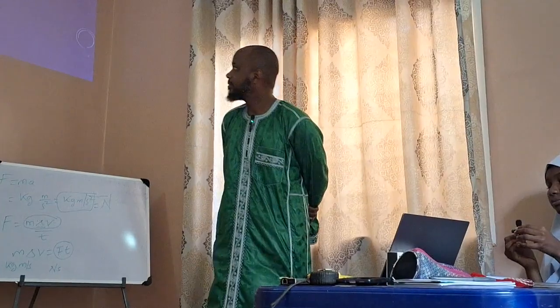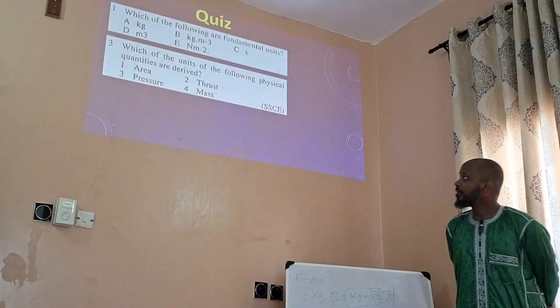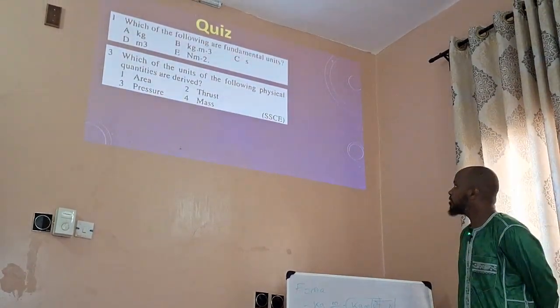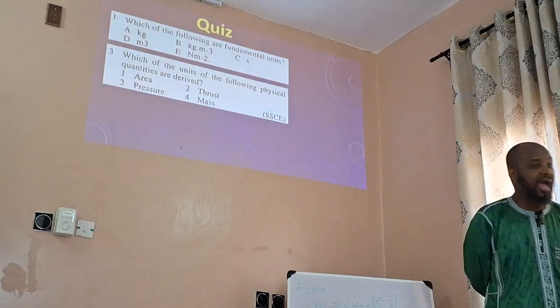Correct? So let's move to the second question. Which of the units of the following physical quantities are derived? You have physical quantities: area, thrust, pressure, mass.